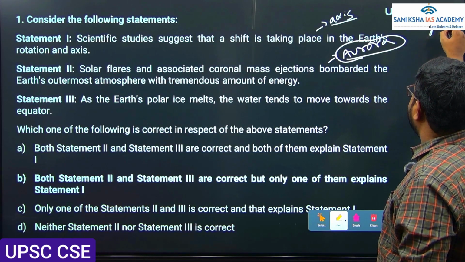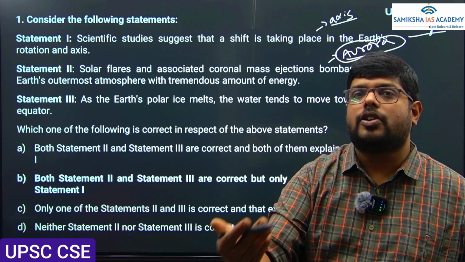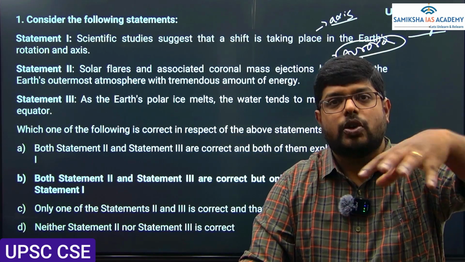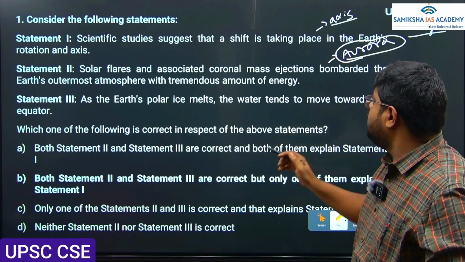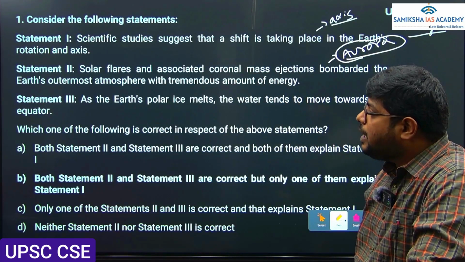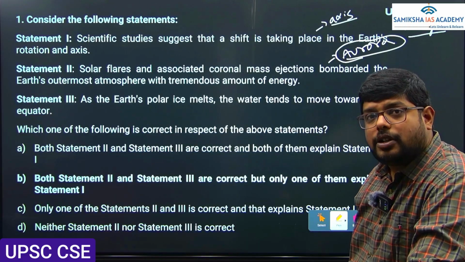There are green lights flowing over Iceland, Greenland, Finland and so on. Most of the tourism goes towards the northern lights. This northern light is aurora, and it is because of solar flares, right? That means the second statement is completely on climatology.